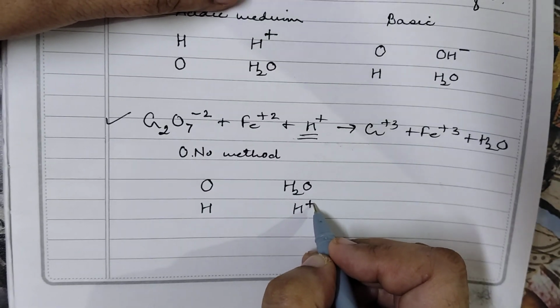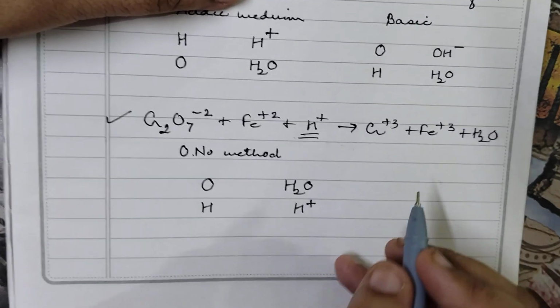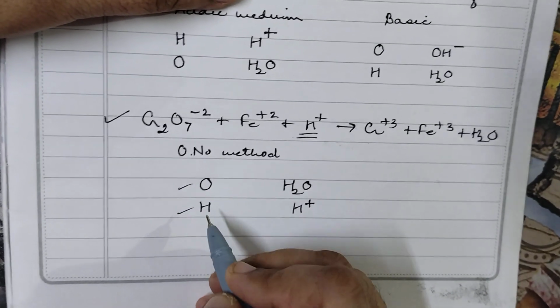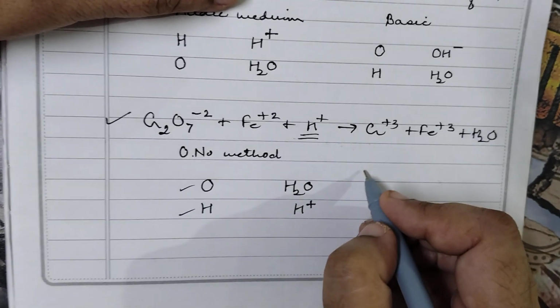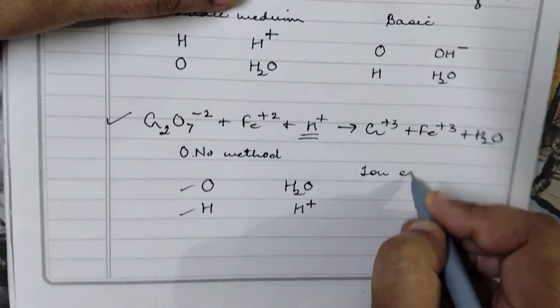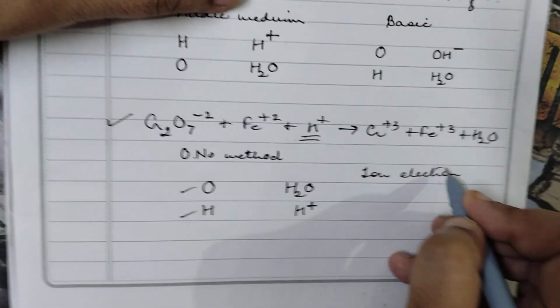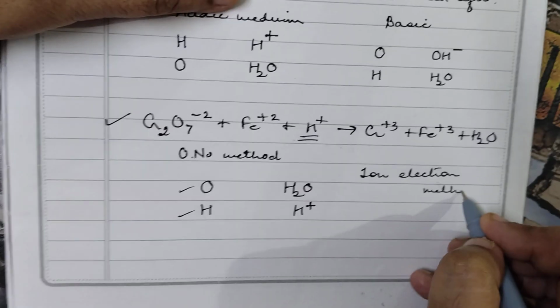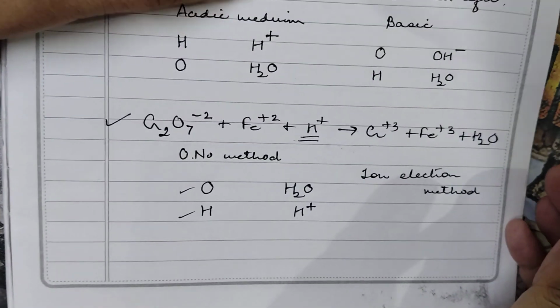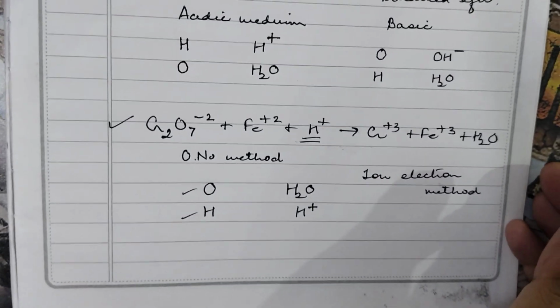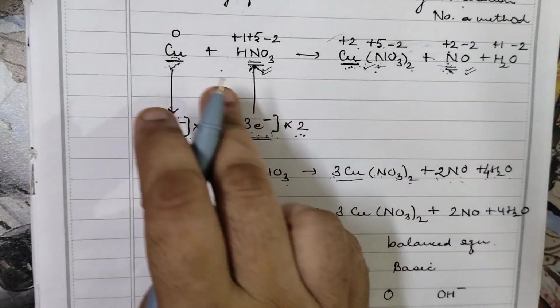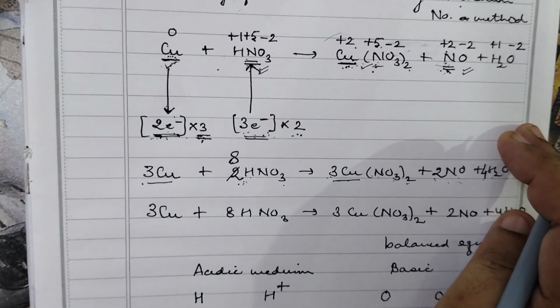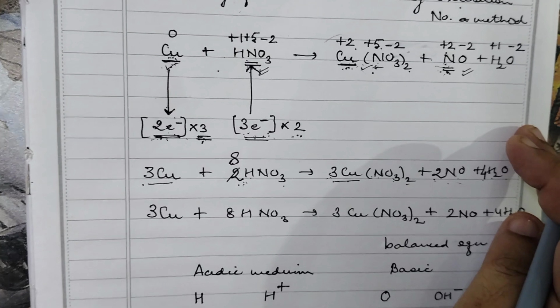That is, instead of balancing by inspection, hydrogen and oxygen will be balanced by the method which we used in ion electron balancing.